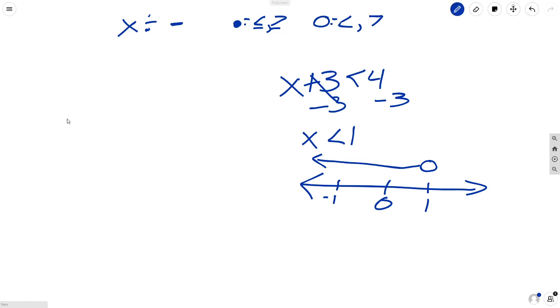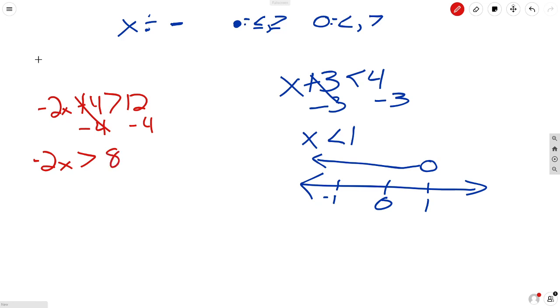Alright, let's do one more here. Let's change the color. Alright, what if we had negative 2x plus 4 is greater than 12? Again, solve it just like any other equation. Minus 4 minus 4. Negative 2x is greater than 8. But now I'm going to divide by the -2 to get x by itself.